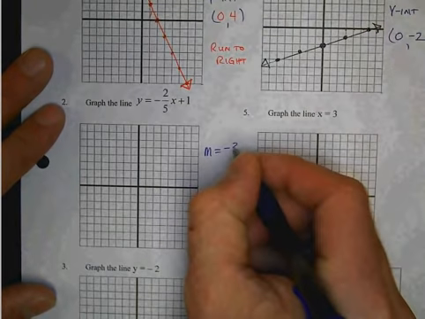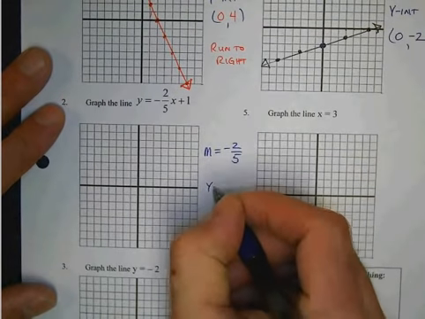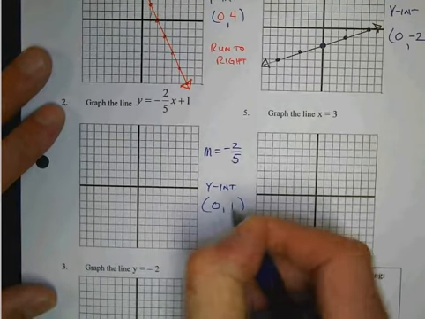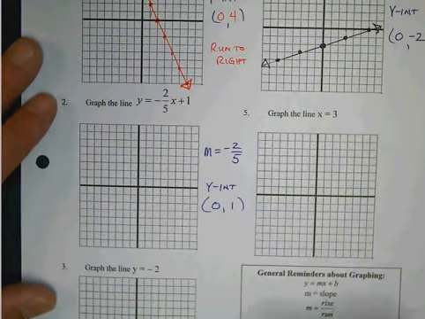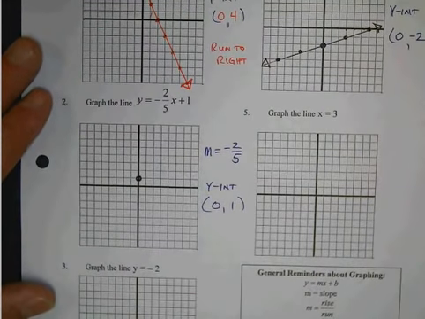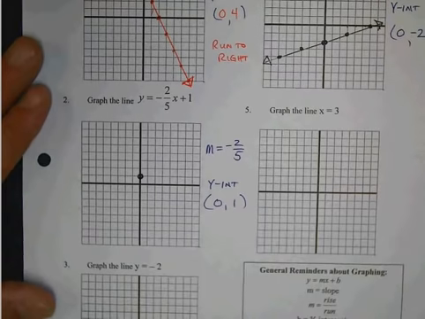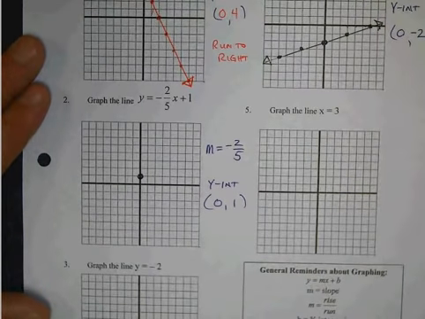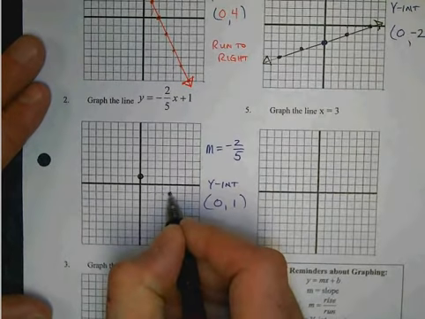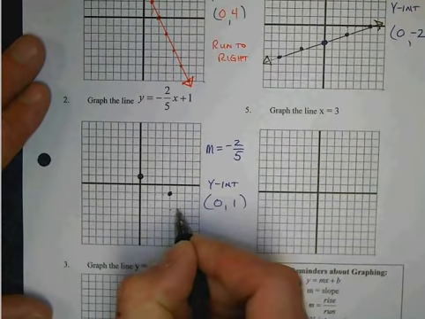And Noah, what's my y-intercept? Can you help me there? Okay, let's give it as a point. (0, 1). All right, so put that on there. And Noah, can you tell me where I go? Okay, we're going to go down 2 over 5. Good. Down 2 over 5. 1, 2, 3, 4.